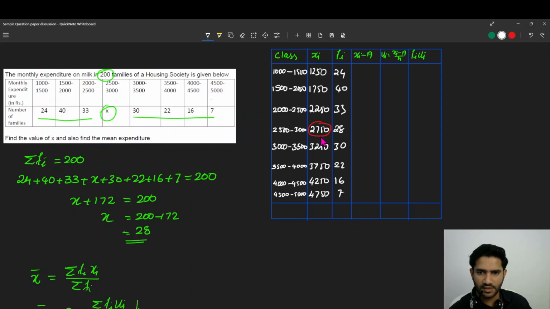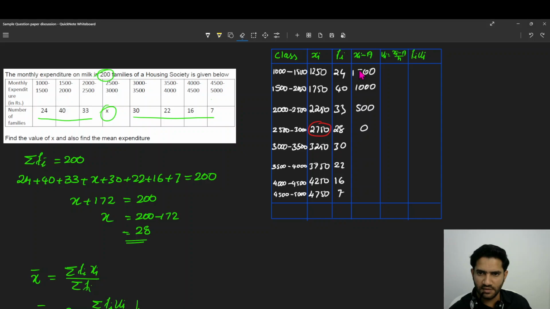So here I am subtracting with 2750. It will be 1500, it will be 1000, it is 500, it is 0. Oh, here we made a mistake.